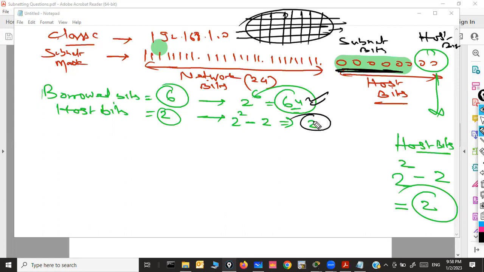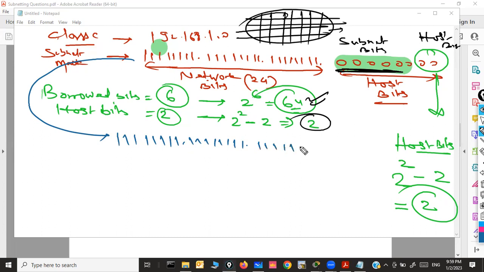And then what we do next is write this value in decimal. For the decimal computation, if you remember, just convert the subnet bits into ones, with only 2 zeros.